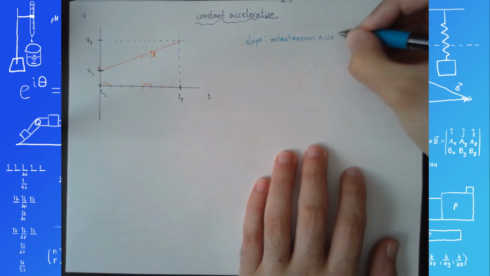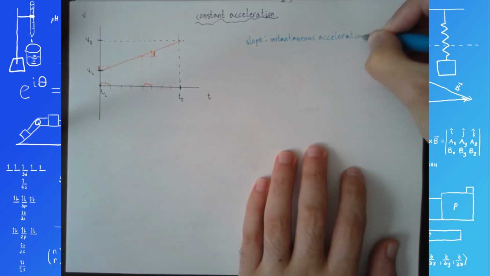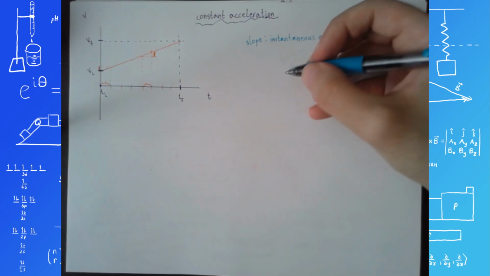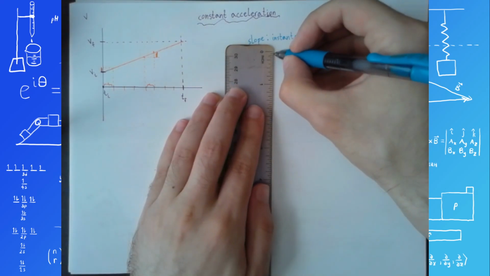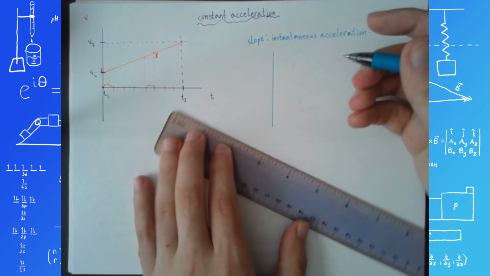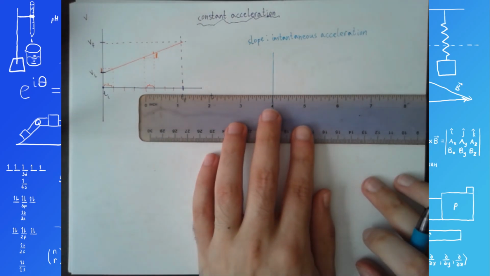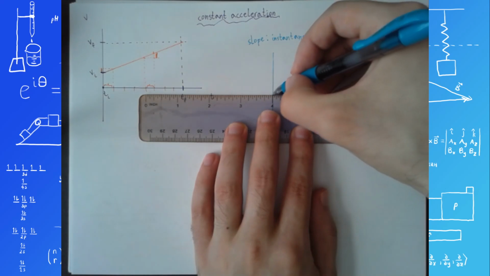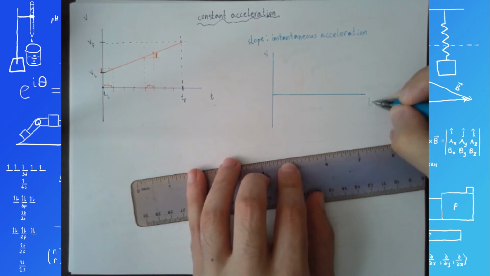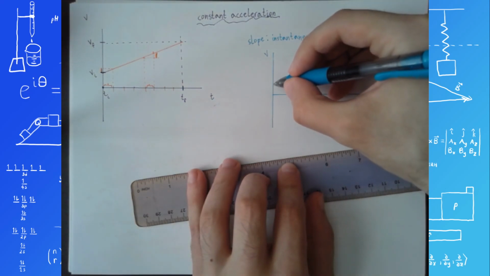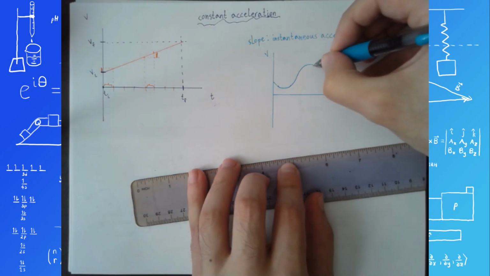So if the graph was more curved, I can draw something like that. Let me draw another velocity versus time graph here. Let's say this one is more roller coaster shaped. Maybe it goes around like this, up and down, and twirls around.